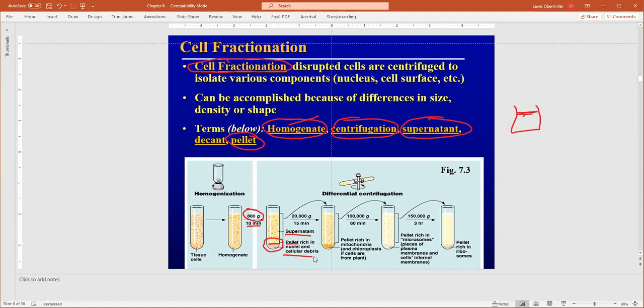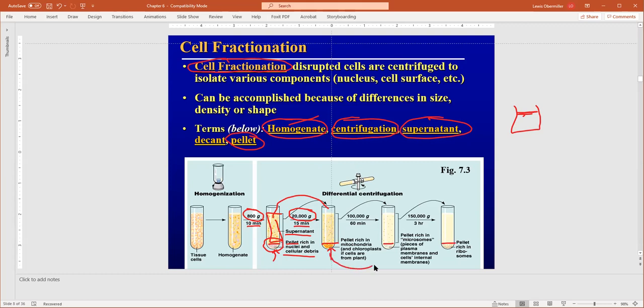So this pellet, real heavy things are going to come out. And then we take the supernatant off, just the liquid. We put it in a new centrifuge tube, spin it even faster, even longer. And then we're going to get another pellet and a supernatant. And in fact, every time you do a centrifugation step, you get a pellet and a supernatant.